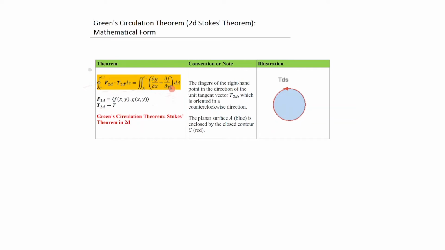This is a scalar function, integrated over the area enclosed by the contour. These two are equivalent. Again, the convention is the same: you're going counterclockwise around the contour. This is called Green's circulation theorem, or equivalently, Stokes' theorem in 2D.